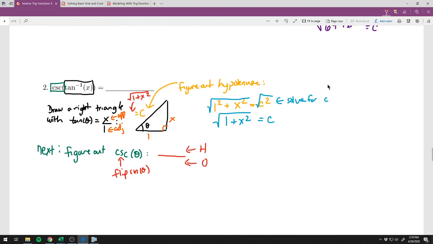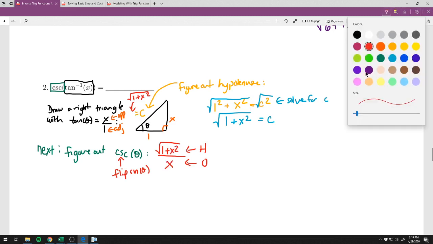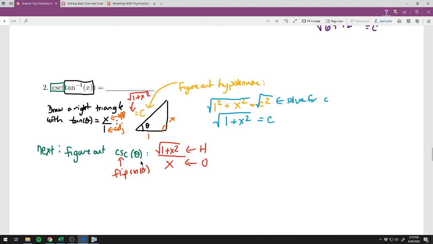We flip that. And then look at the formula. We would get hypotenuse is the square root of 1 plus x squared, and the opposite side is x. All right, so our answer, cosecant of tan inverse of x, is the square root of 1 plus x squared over x.